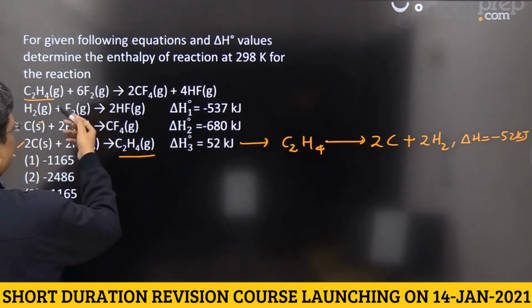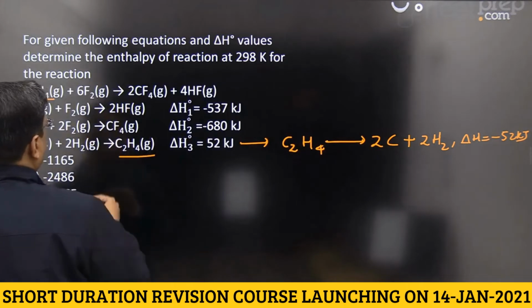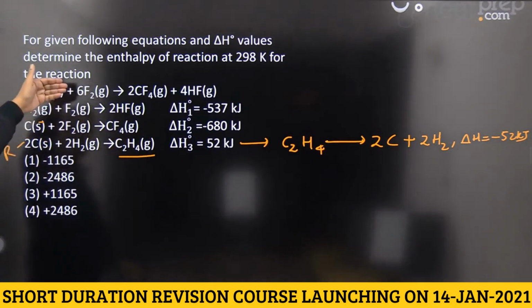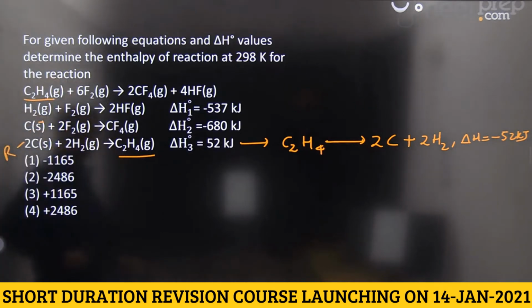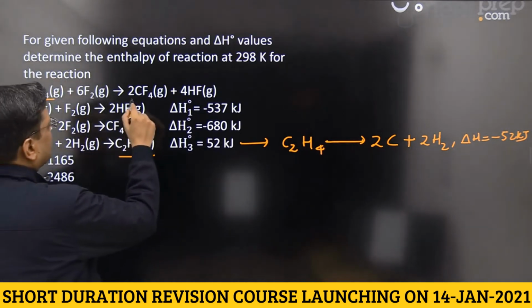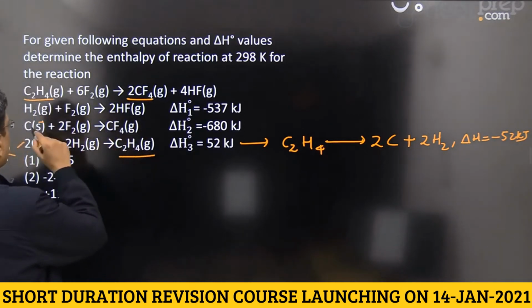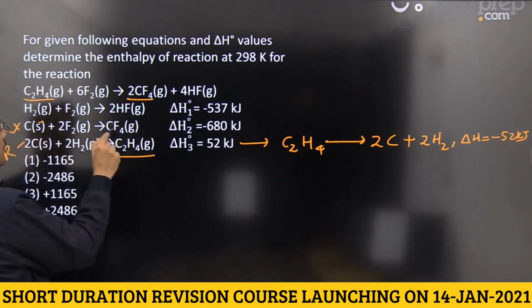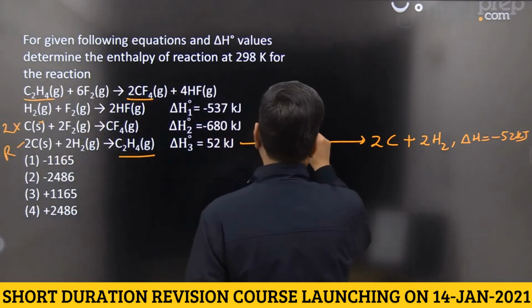Now we require 6F2. Leave it, because fluorine is present in two equations, so we cannot multiply one equation. Leave it, move forward. 2CF4 is required, so that equation must be multiplied by 2.